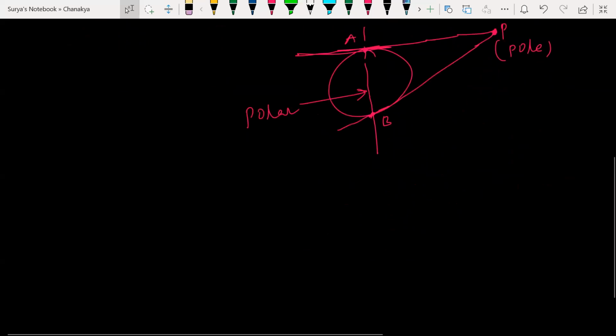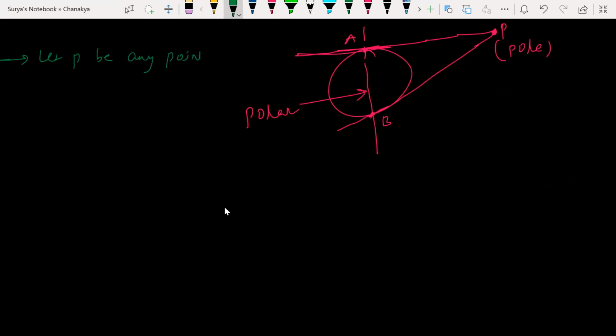Look at this. Write like this: let P be any point inside or outside the circle.